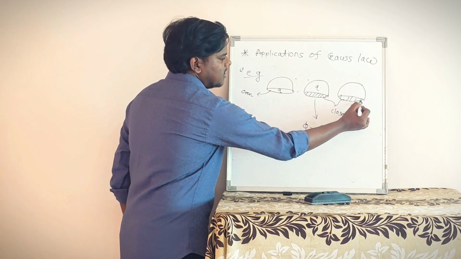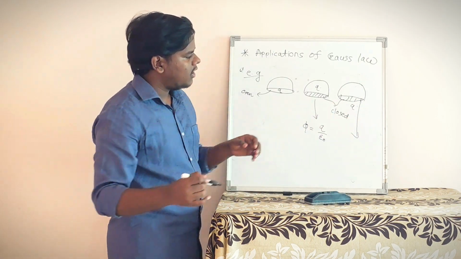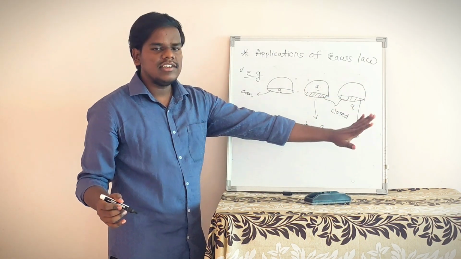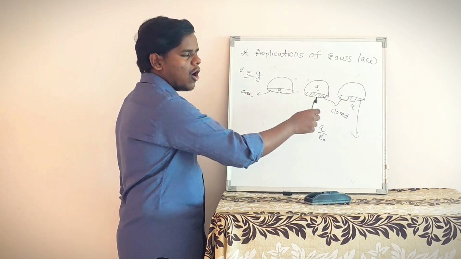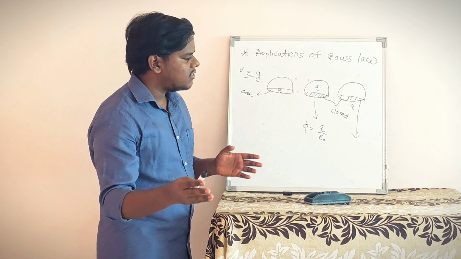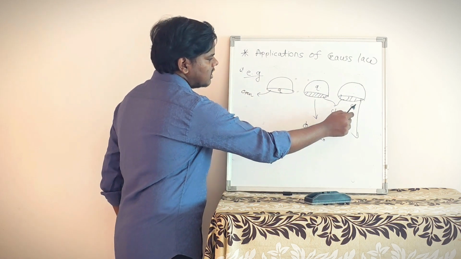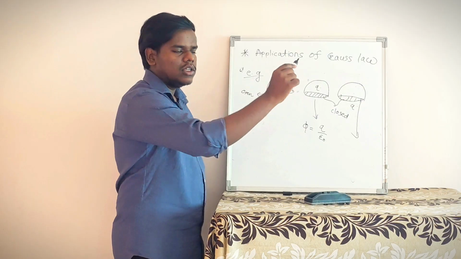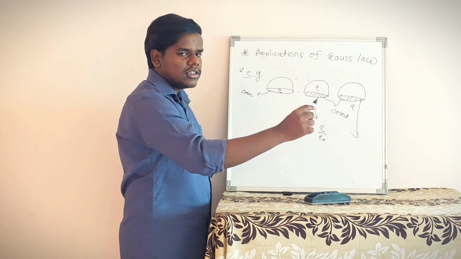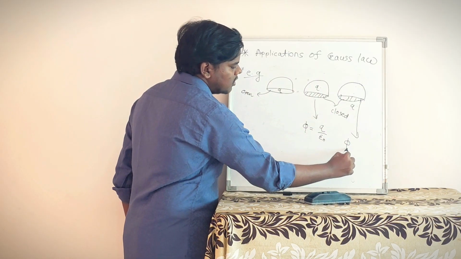Now for this surface, the charge Q is outside the surface. As we have seen, due to outside charge, the electric field will pass through one point and go outside through another point. So due to this outside charge, flux will be 0.